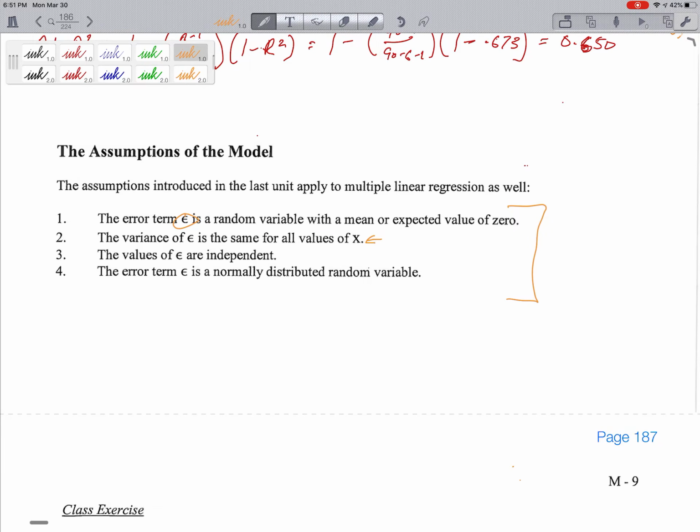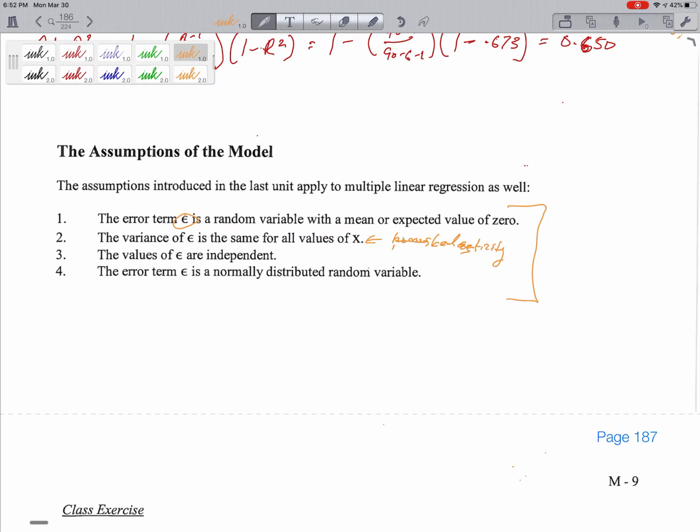This one here, the variance of the e terms, remember the term that we use for that? We were talking about something called homoskedasticity. Skedasticity. I think there might be an S in there. And if there's a violation of that, then we say that it's heteroskedastic rather than homoskedastic.